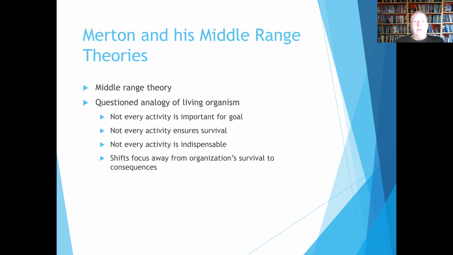We assume that a living organism will take steps and engage in activities that are essential for its survival. Organizations oftentimes don't do that. Not every activity that goes on within the organization is geared toward achieving the goal of agency survival. Not every activity that organizations engage in is indispensable for organizational survival.